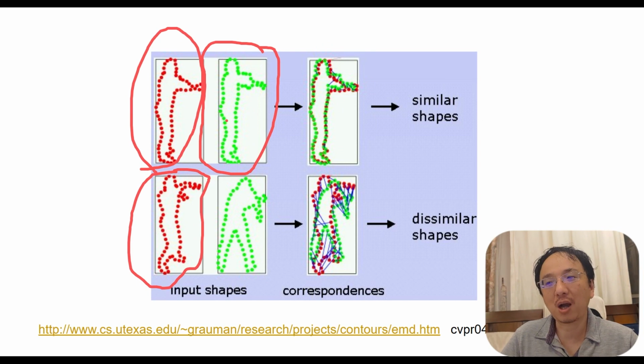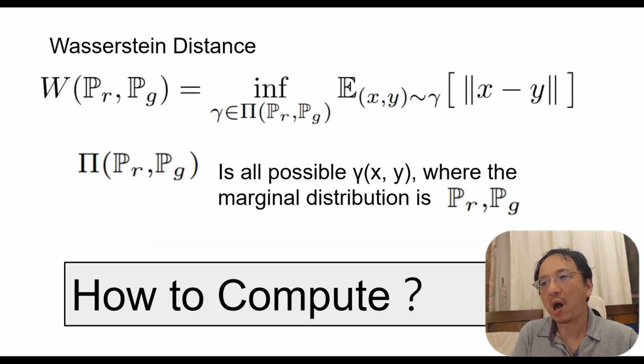Like what you do in calculus, we have infinitely many dots, so that is a continuous version of this. For Wasserstein distance, in general we are working in the continuous version. So how do we actually compute this? Do we have to consider all possible joint distributions? That is simply too many possibilities and too many things we need to optimize.